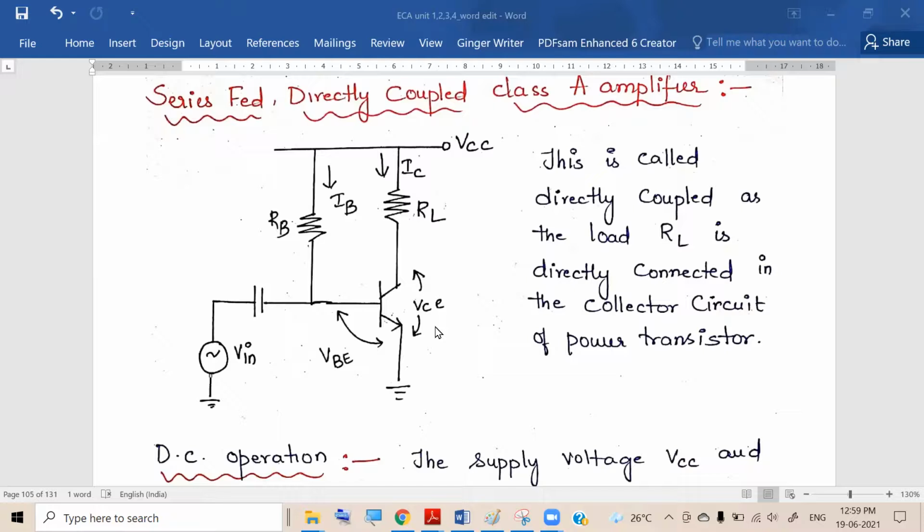Let me ask like this. Which signal is small in an amplifier, the input signal or the output signal? Whether the input AC signal is small or whether the output AC signal is small. Use your brain, you can understand.